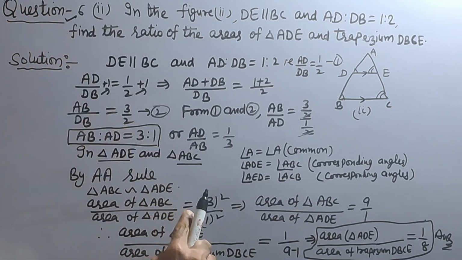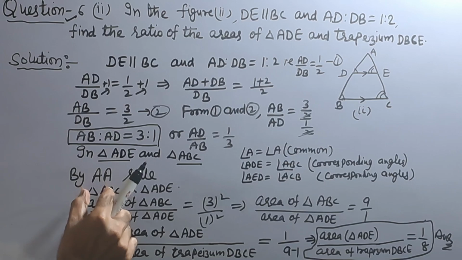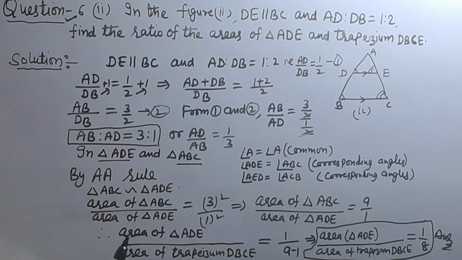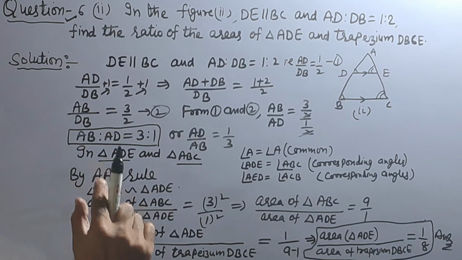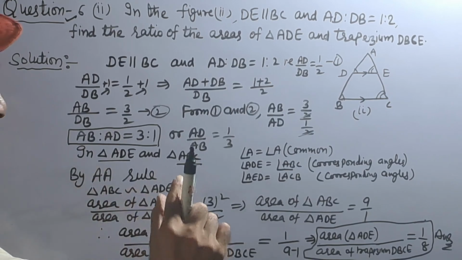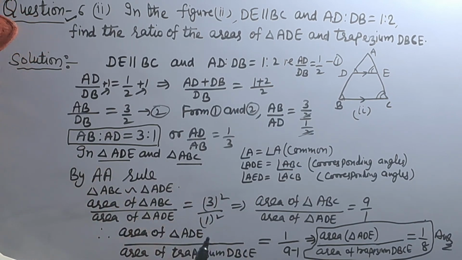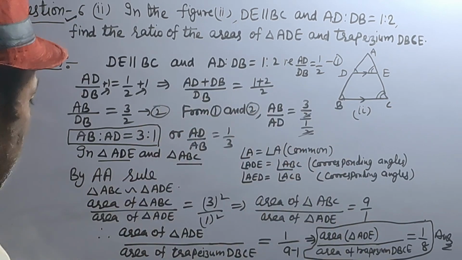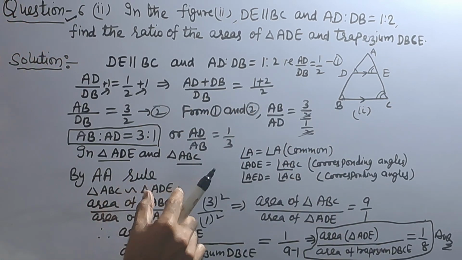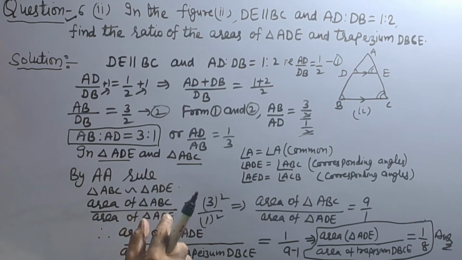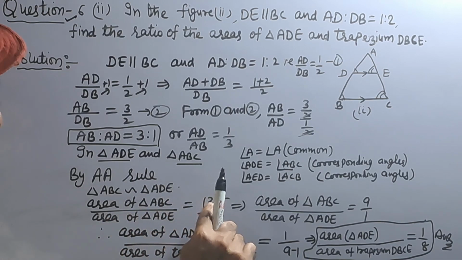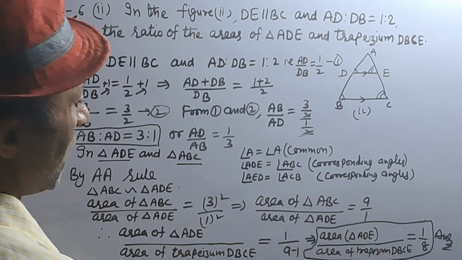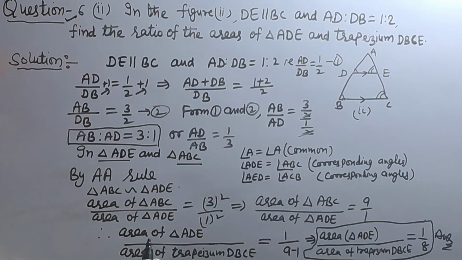So by AAA rule we get triangle ABC is similar to triangle ADE, and we know that the ratio of areas of two triangles is equal to the ratio of squares of their corresponding sides. That is, area of triangle ABC upon area of triangle ADE is equal to 3 square upon 1 square, 3 threes are 9 upon 1.